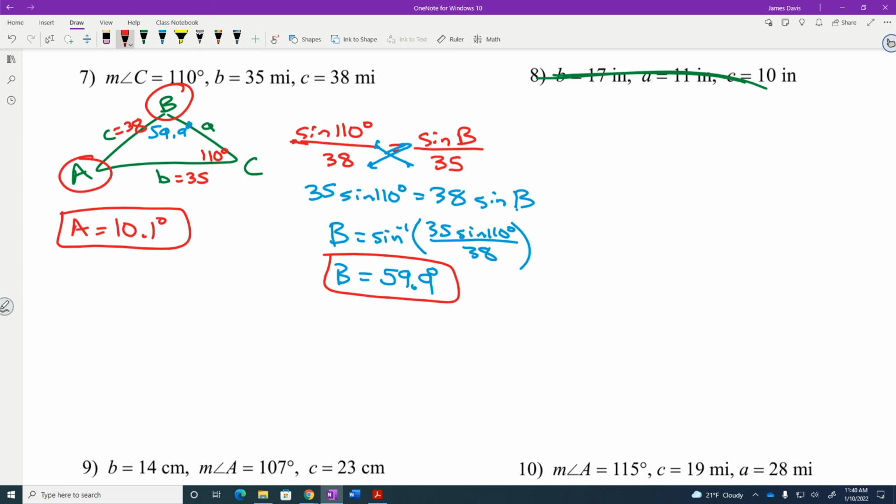All right, so then how do we find little a? Use the same ratio we used here. There we go. Sine of 110 over 38 equals sine of big A, which is 10.1, over the y.